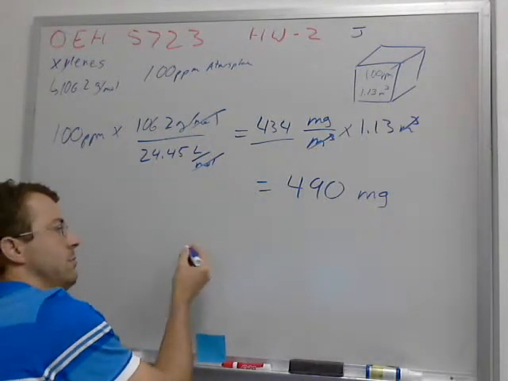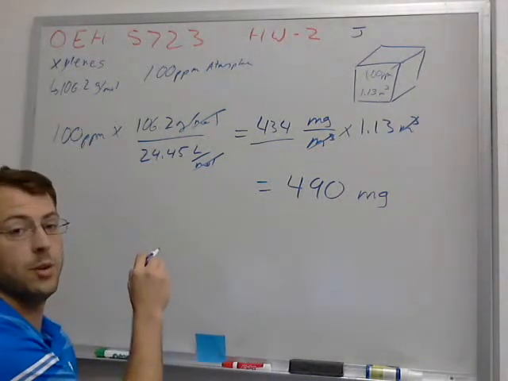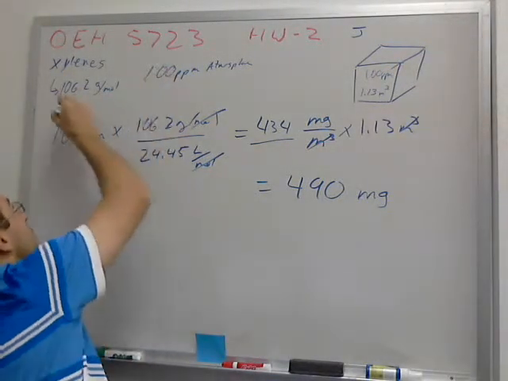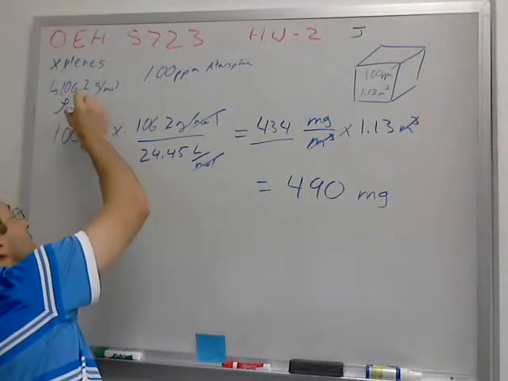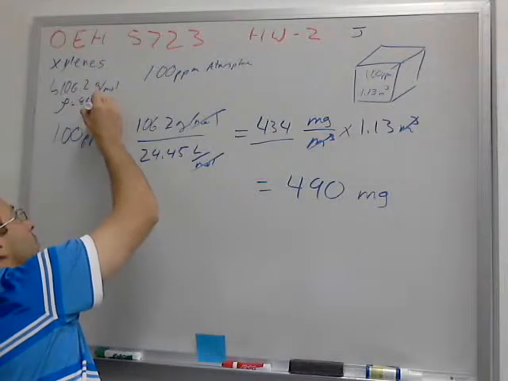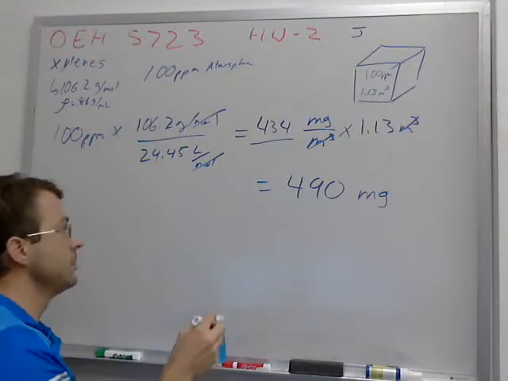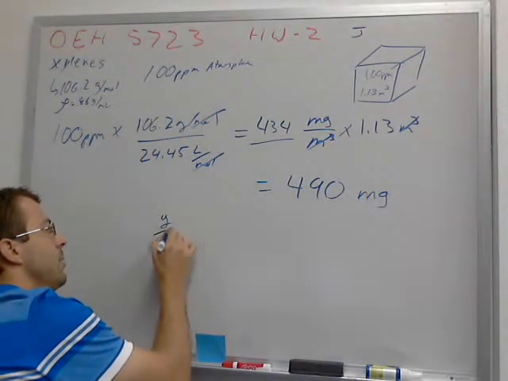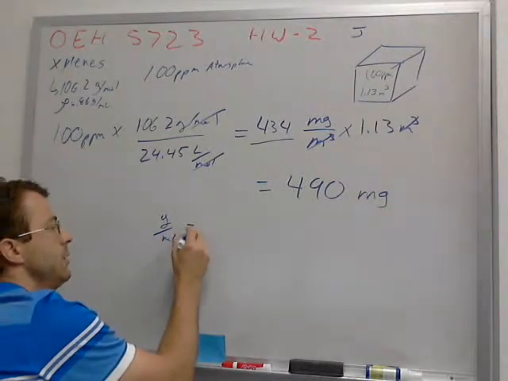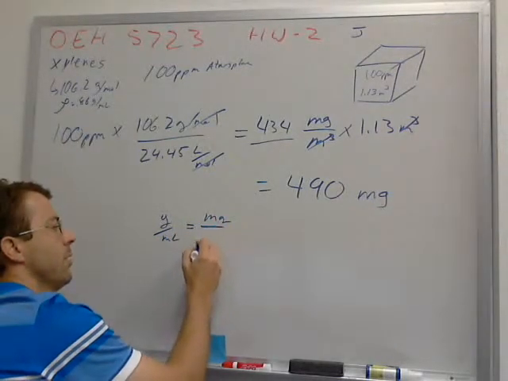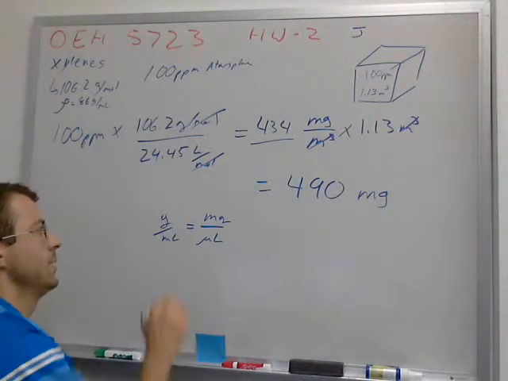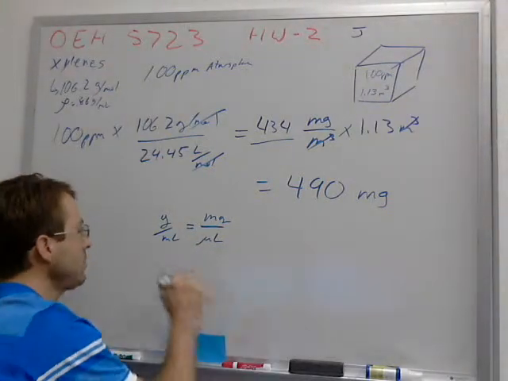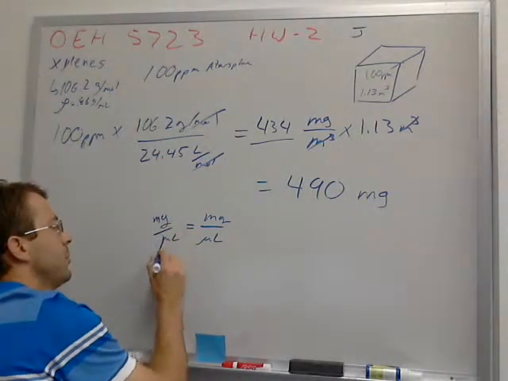The density, just for your own edification, you can stop viewing now if you're only wanting the answer, is 0.86 grams per mil. And a gram per mil is also equal to a milligram per microliter, because this is 1,000 times smaller and this is 1,000 times smaller.